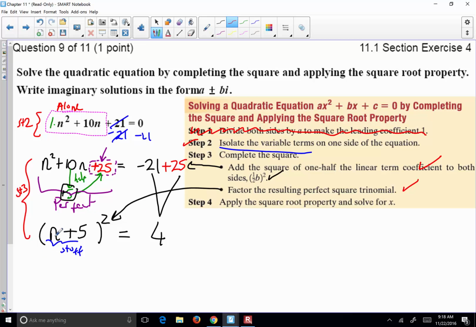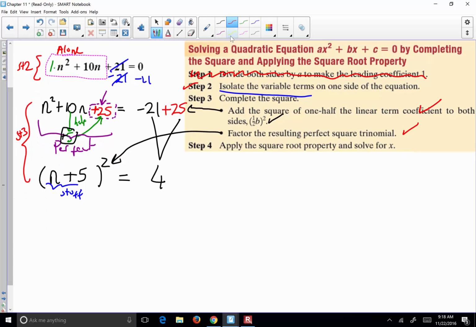So to be able to solve for n, you need to first get rid of the square. And how do we get rid of a square? Yeah, we do the square root property. You basically take the square root of both sides, right?